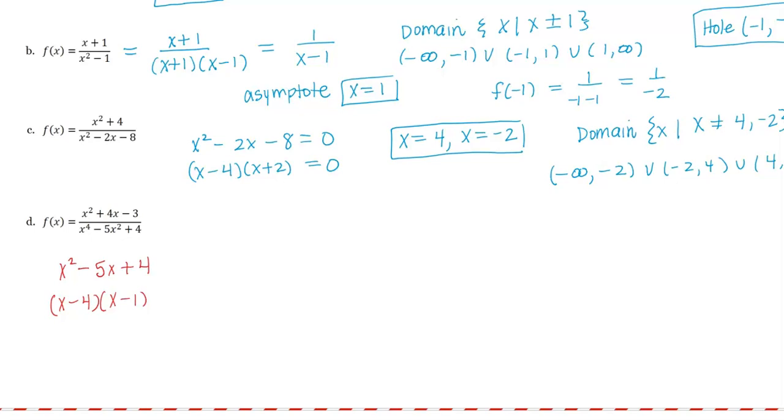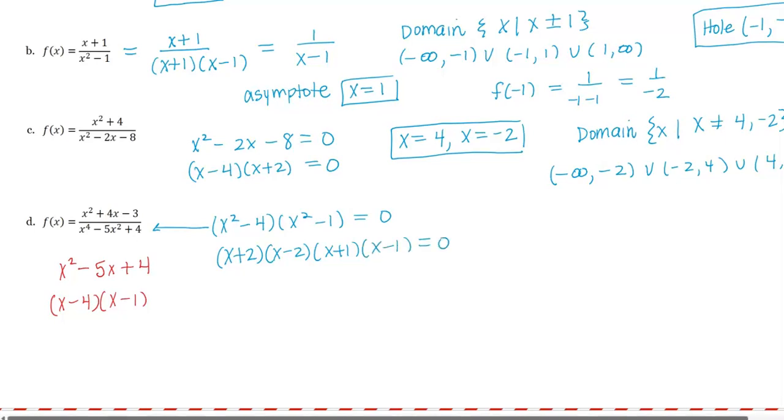There's nothing that's going to be canceling. This is this denominator here. That can be factored further into x plus 2, x minus 2, and then x plus 1, x minus 1.